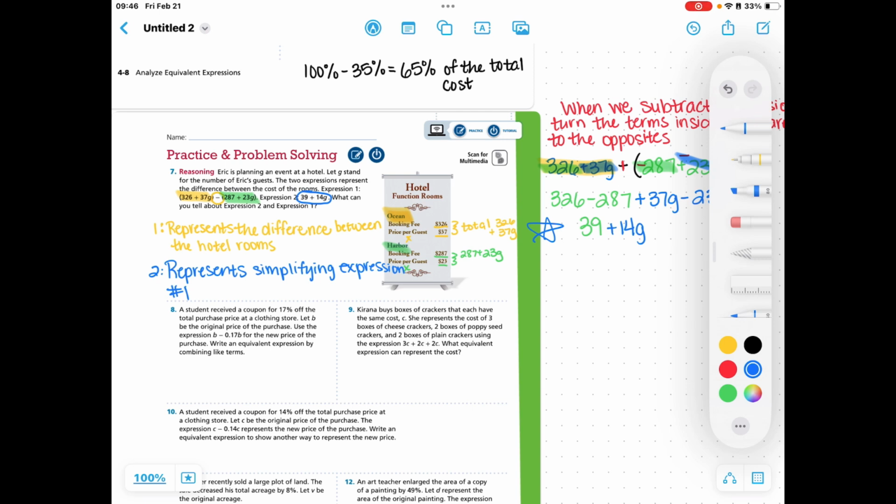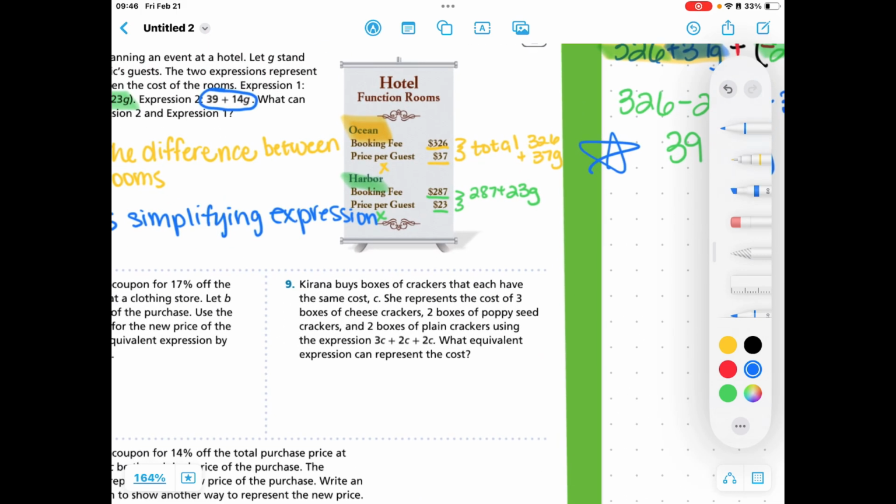Now, let's move on to number 9. We now have Karina buys boxes of crackers that each have the same cost C. She represents the cost of 3 boxes of cheese crackers, 2 boxes of poppy seed crackers, and 2 boxes of plain crackers using the expression 3C plus 2C plus 2C.